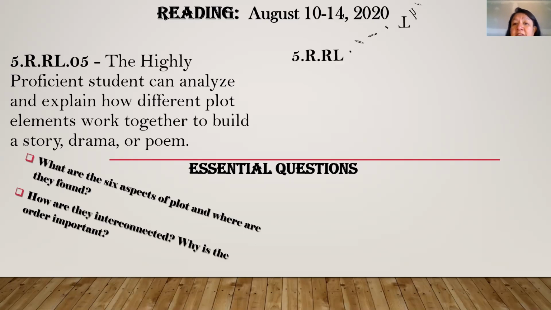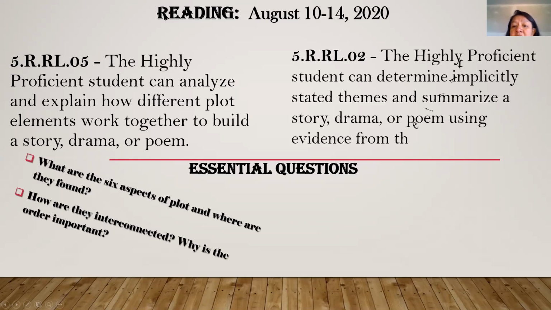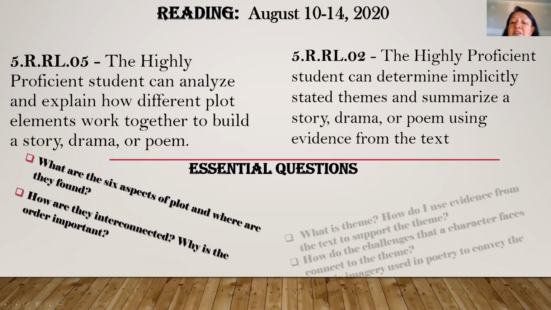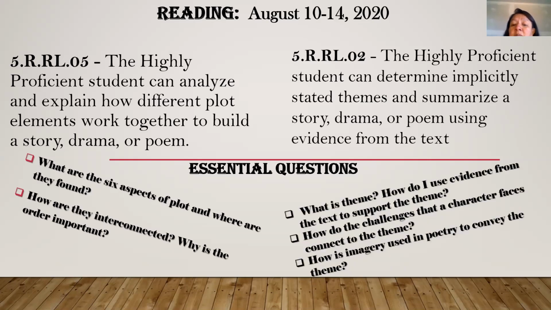Second standard is the highly proficient student can determine implicitly stated themes and summarize a story, drama, or poem using evidence from the text. And the essential questions for that are, what is theme? How do I use evidence from the text to support the theme?